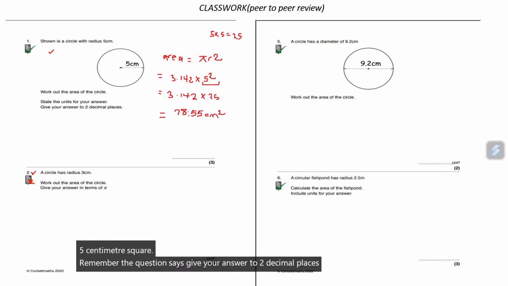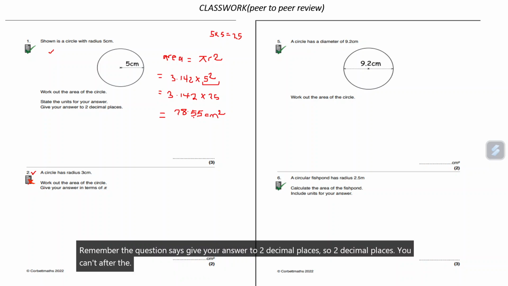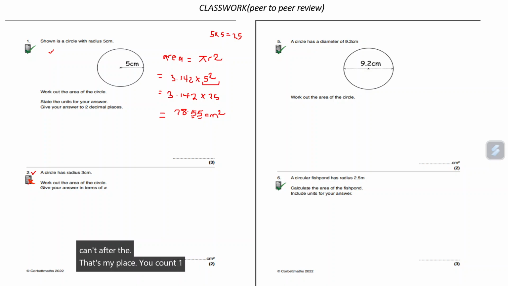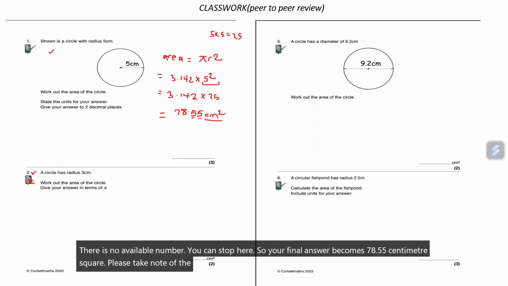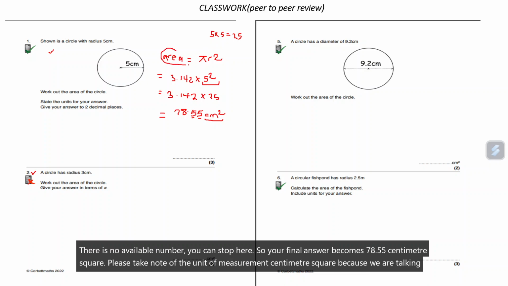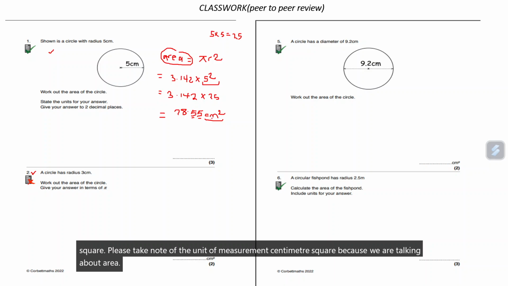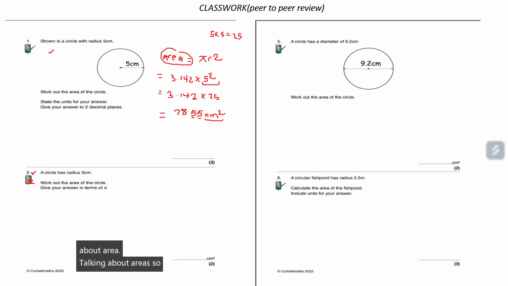So for two decimal places, you count after the decimal point: 1, 2. There's no available number, you can stop here. So your final answer becomes 78.55 centimeters square. Please take note of the unit of measurement, centimeters square, because we are talking about area. Let's look at the next one.